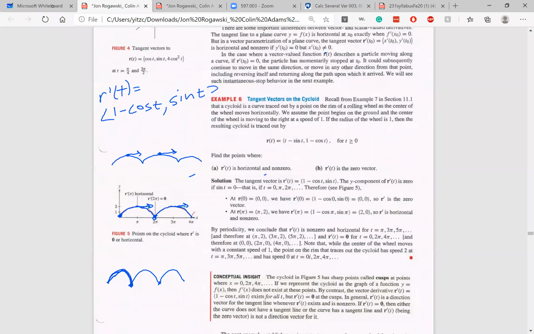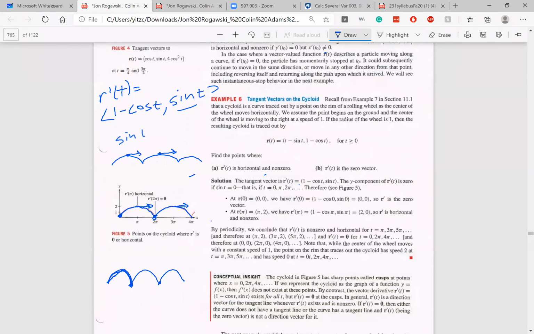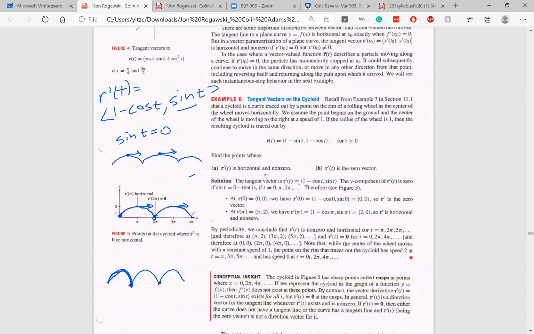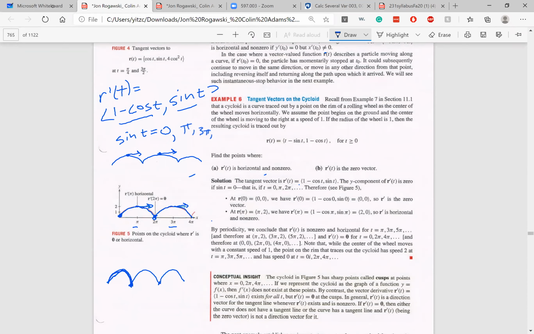So now if the vector is horizontal, so if the vertical component is 0, then sine of t is 0. And if we want this vector to not be 0 completely, we need the other component to not be 0. So that happens at pi and 3 pi and so on. So this is pi, 3 pi.